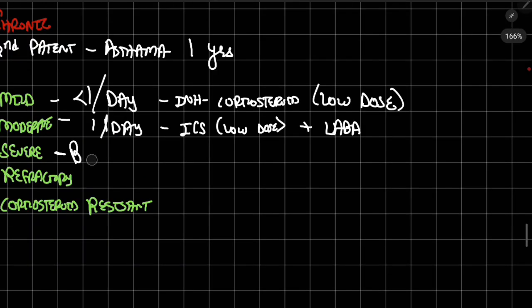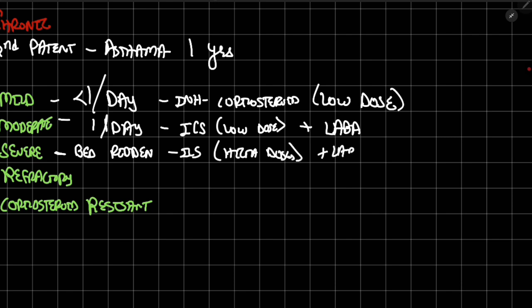Sorry for today's handwriting. For bedridden patients, we give ICS, inhalational corticosteroid, in high doses and a LABA. Refractory means the next stage where neither inhalational corticosteroid nor LABA is effective.